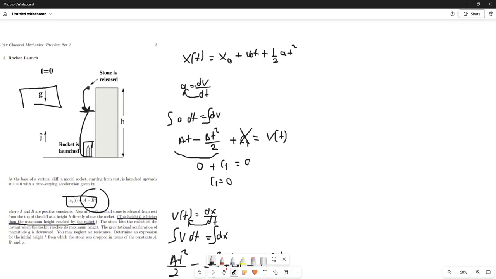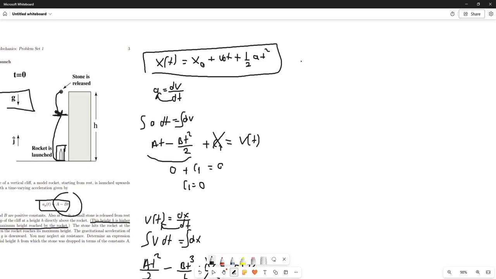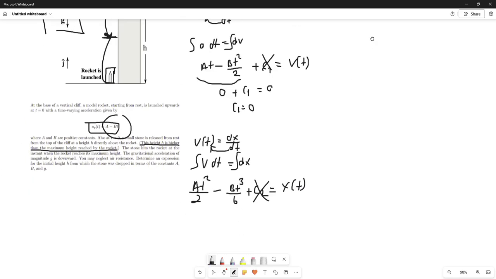So we can write the location function that way: x0 equals h, plus minus g, this is important, minus g times 1 divided by 2 times t squared. We don't have an initial velocity, that's why we didn't write anything. This is our location function for the stone.